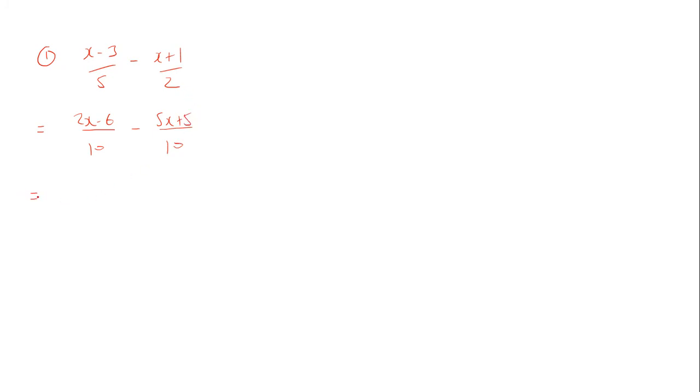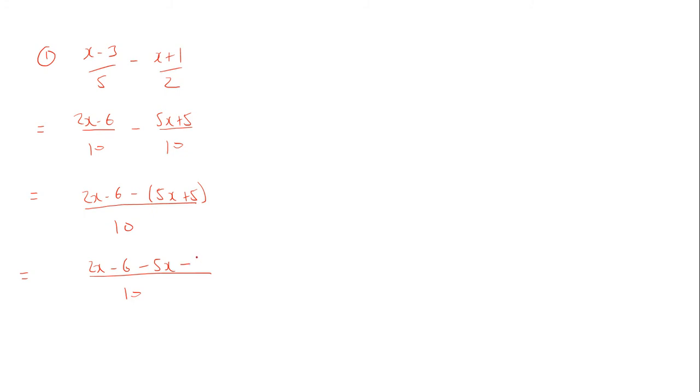Now, be really careful here, right? Because people always mess this up. If you're subtracting, then you really ought to use a bracket like this, because I'm subtracting the entire numerator. So when you do this now, you've got 2x minus 6 minus 5x. Remember, you're still taking away this positive 5.